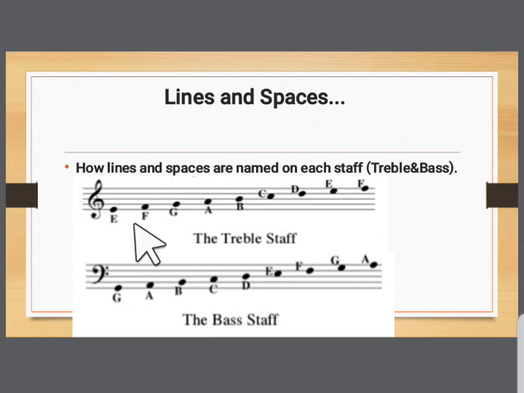The most important thing you need to know is the first line is E, then it continues with F, G, then A, B, C, D, E, F.